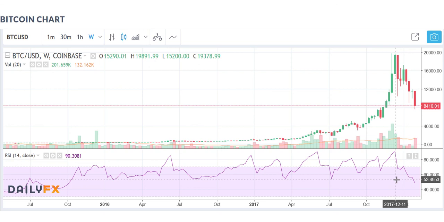So the RSI is signaling things might get worse. In which case, patience. I don't have to buy. So that's how the RSI can be helpful, provide insight.